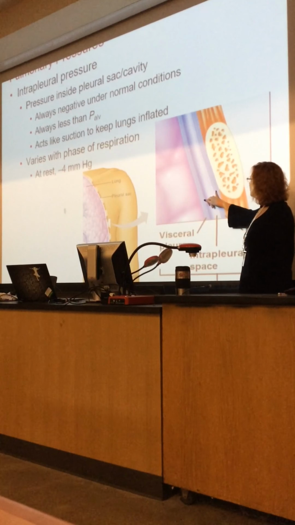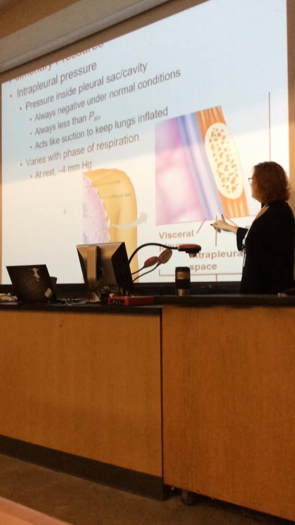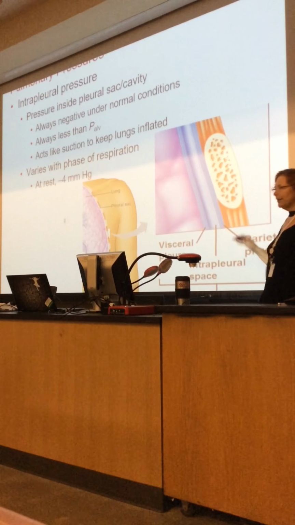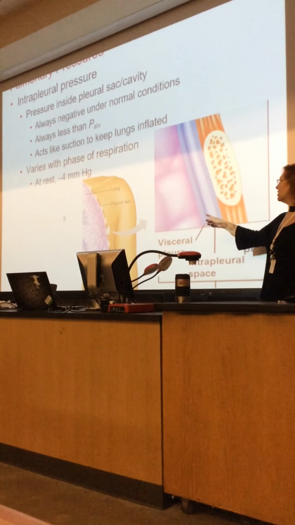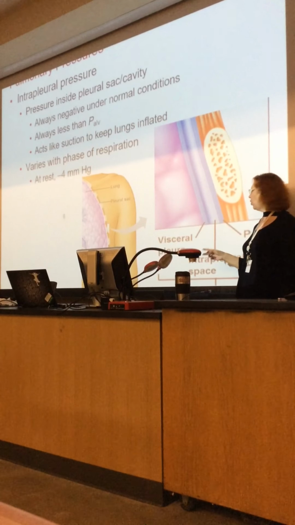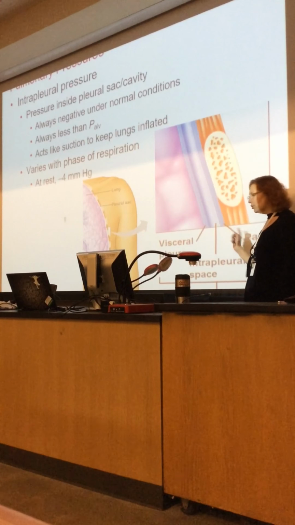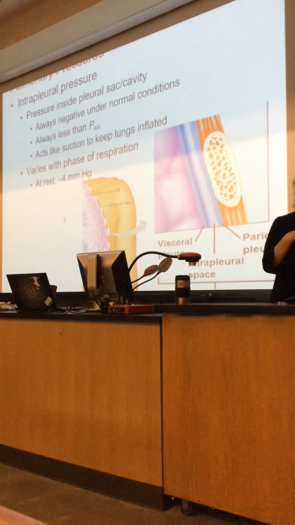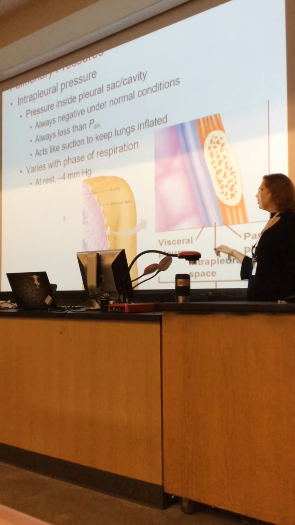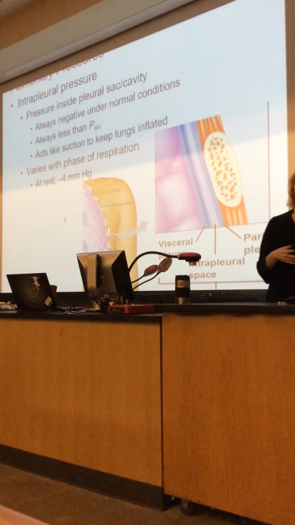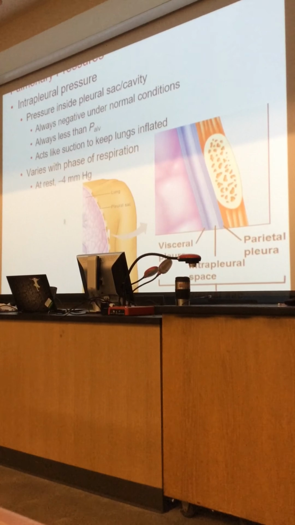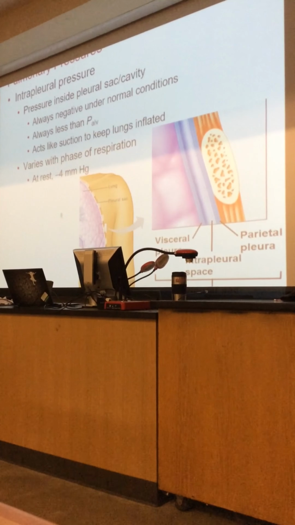The part of the serous membrane that touches the thoracic cavity is the parietal pleura. Again, visceral because it touches the organ, parietal because it touches the cavity wall, pleura because we're talking specifically about the lung. And in between is where I have my intrapleural space, okay? And that's where I have my intrapleural pressure, okay?